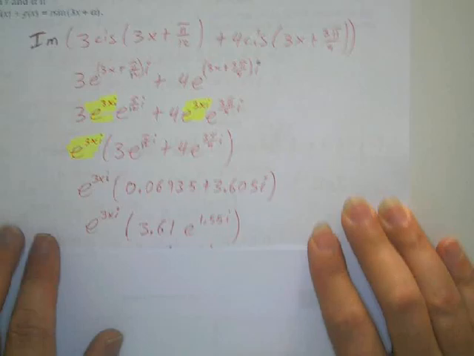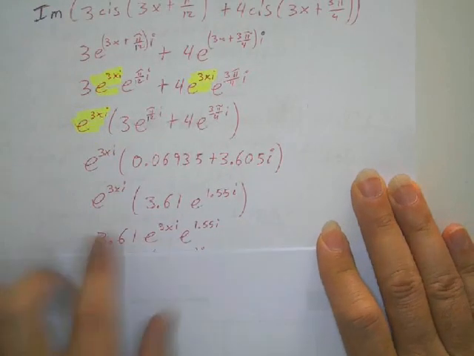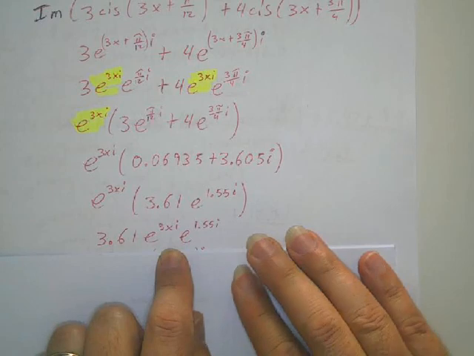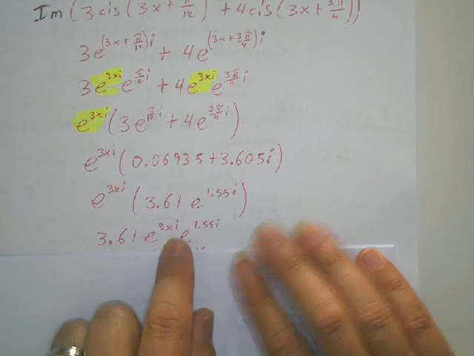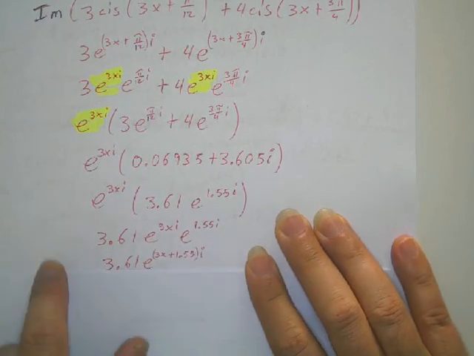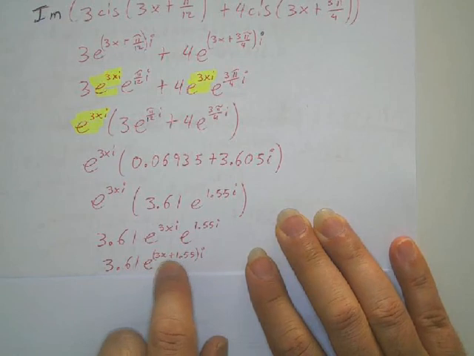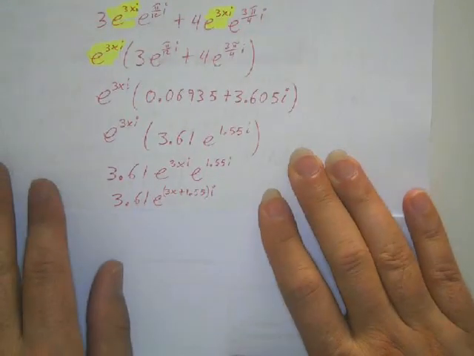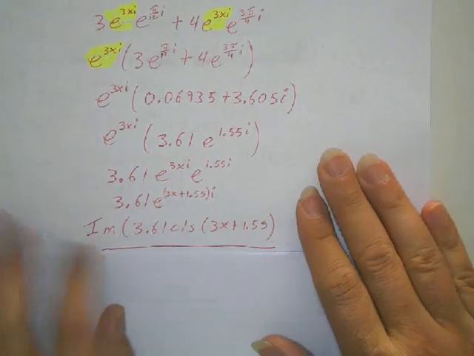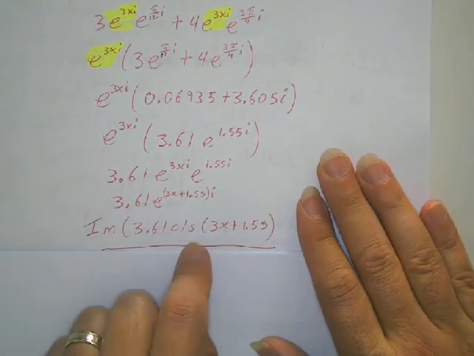Okay, so, almost done. Now I'm just rearranging this in this order, and then combining these things with the same powers, writing this e to the power of (3x plus 1.55)i, and then finalizing this by writing this back into polar form.